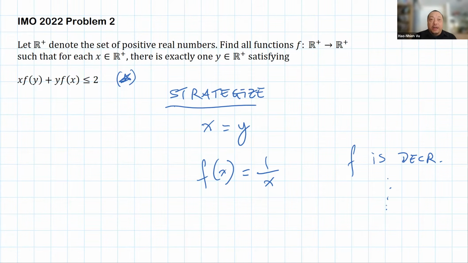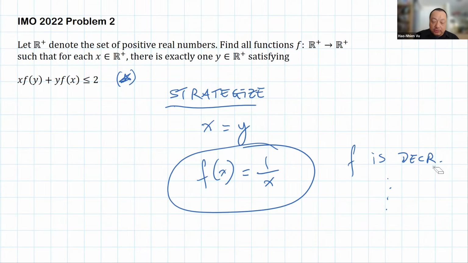But they're not helpful. They're consistent with my guess that f(x) is 1/x, but not helpful until, out of nowhere, I hit upon a big light bulb, and we'll see it when we get there. So now that I have my strategy, let's do the proof.